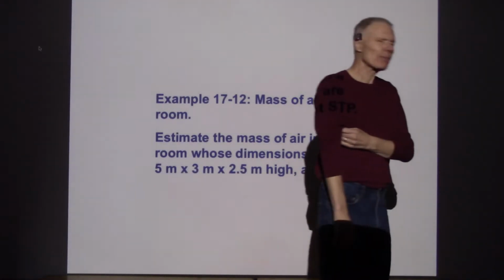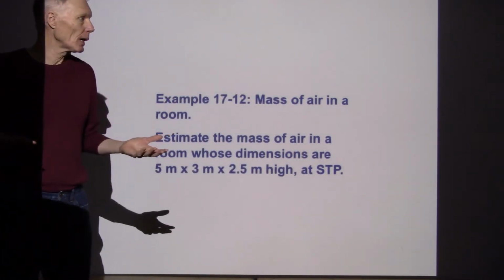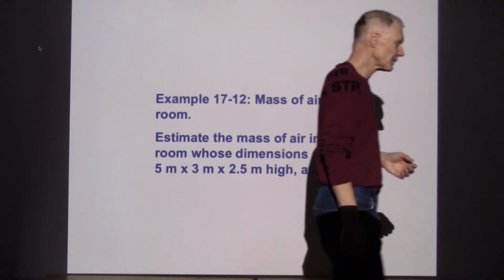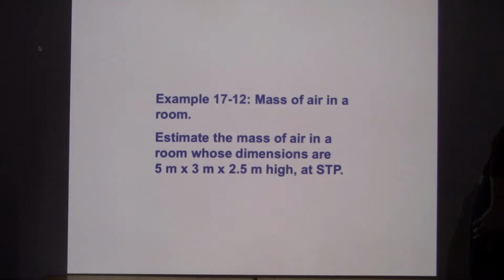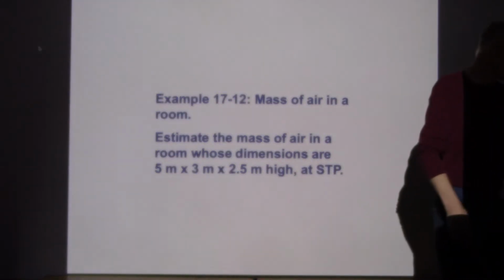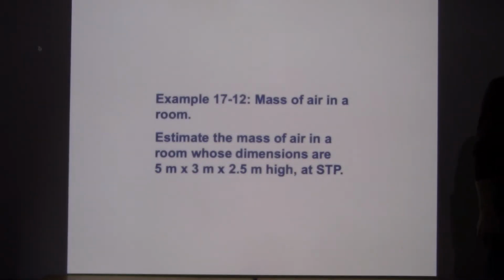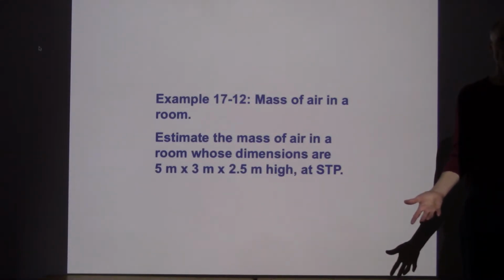All right, how about the mass of air in a room? The room that they're asking us to look at in this example is 5 meters by 3 meters by 2.5 meters. Now they said STP, and I don't want to be in a room where the temperature is 0 Celsius.